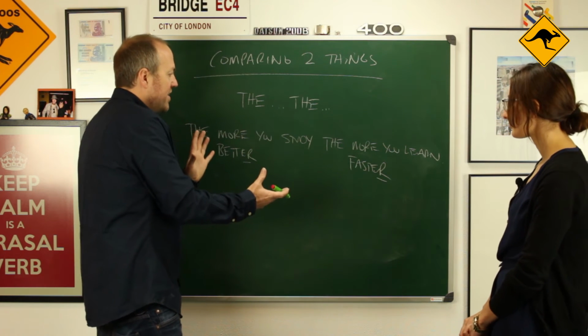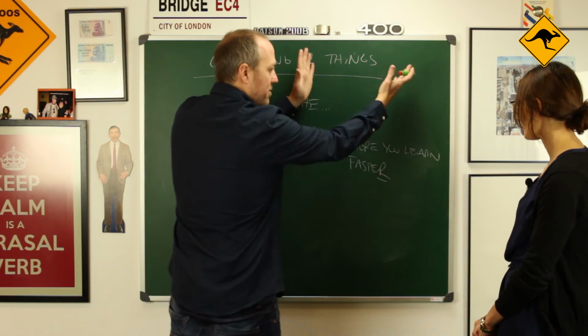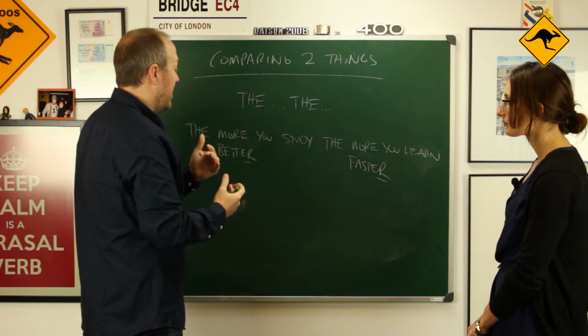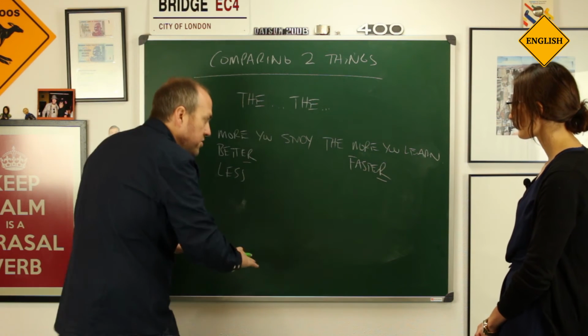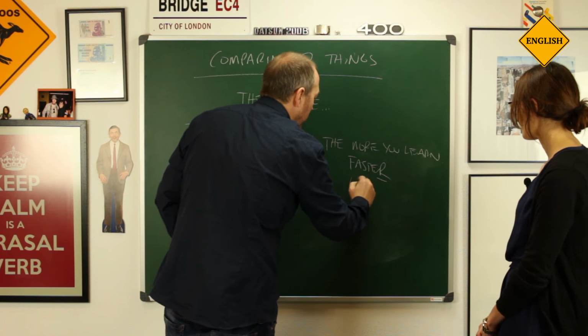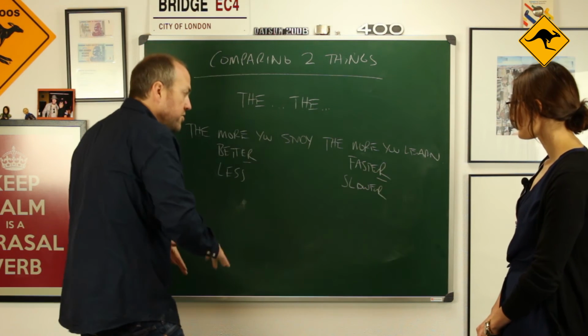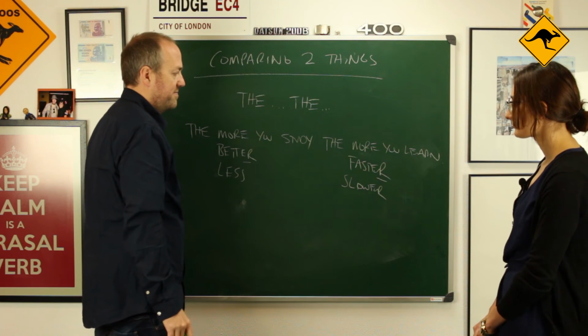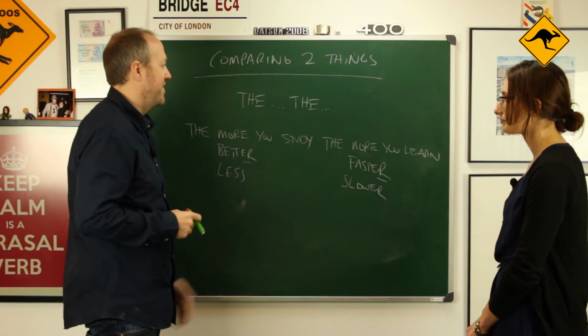What this means is that when we study more, we learn more. Or we could use it negative, for example, the less you study, the less you learn, or the slower. The less you study, the slower you learn. So this is to talk about things increasing or decreasing together.